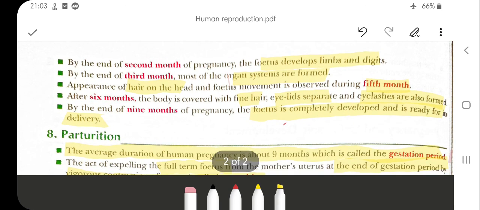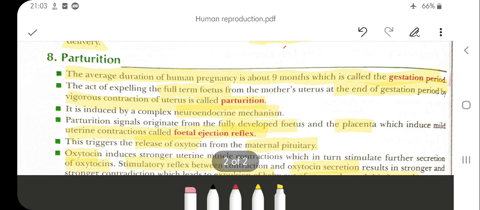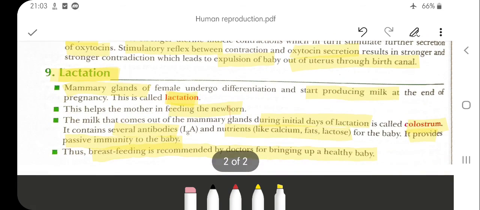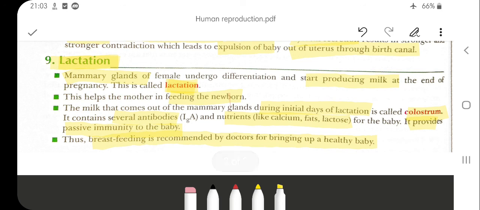Then there is the delivery of the child, known as parturition, and the feeding of the child is with the help of breastfeeding, and the process is known as lactation. With this we finish this chapter, human reproduction.